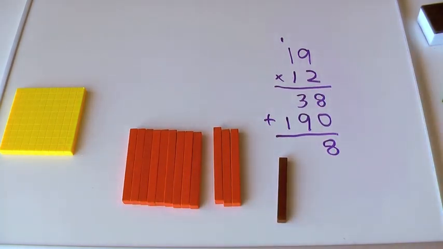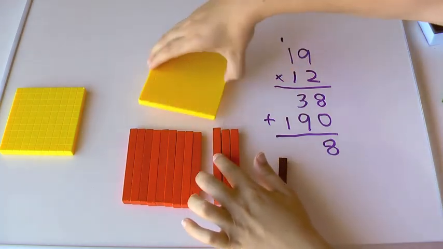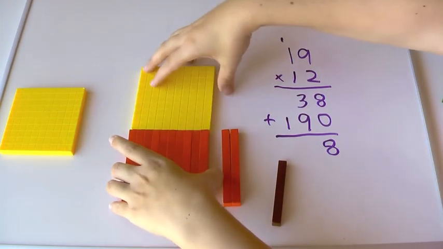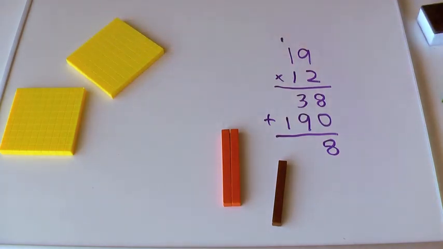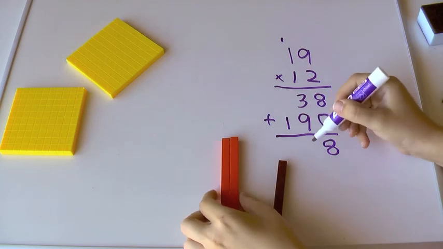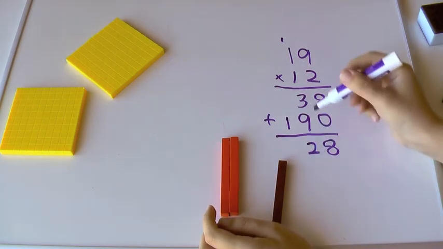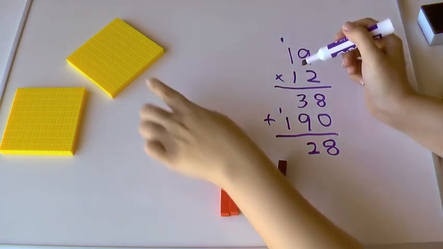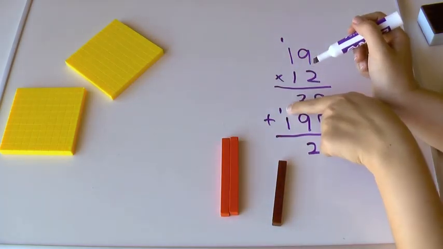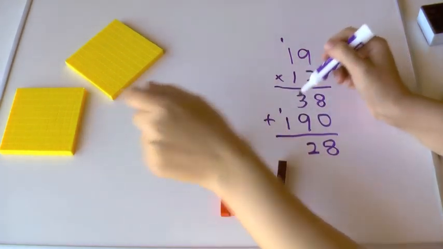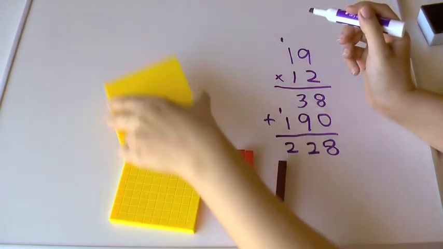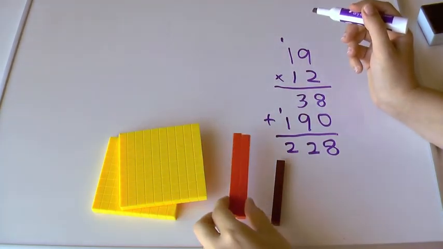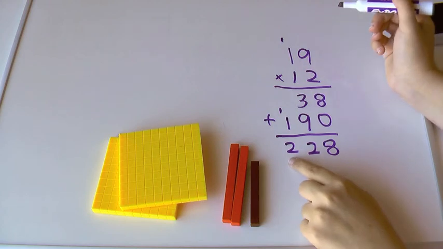And we can trade 10 of those for 100 and put it over there. So we now have 2 10s and we'll put the 100 up there, okay? And then we're going to add 100 and 100, and that is 200. So what we have is 228, 228.